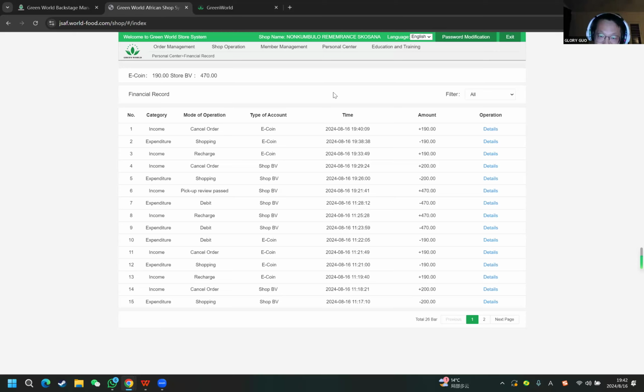Real time. This is very important. It's real time. When distributors buy the product from your shop, you can put their BV immediately. If you can't put it immediately, you can deposit money in the company's account. We give you the e-coins and also the store BV. The following day, you can capture them.